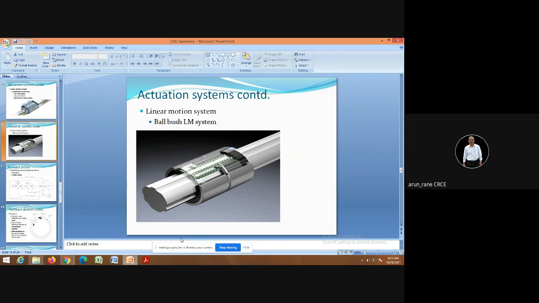This is how linear motion guideways will look like. Linear motion guideways are also called the LM guideways. LM stands for linear motion.